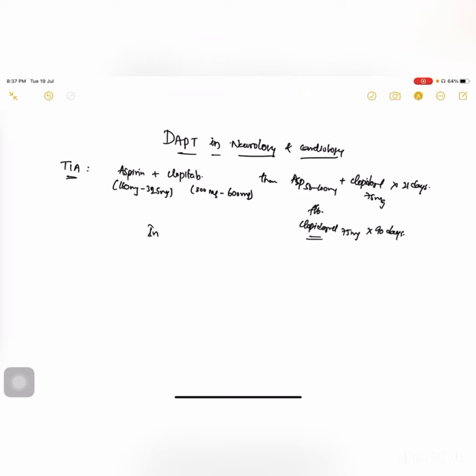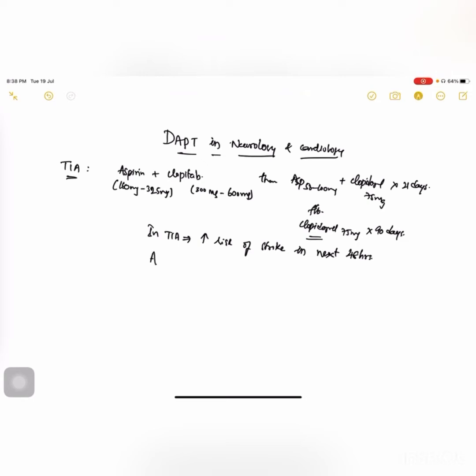Because in TIA there is increased risk of developing stroke in the next 48 hours. So in order to prevent the risk of stroke in TIA patients, we give the dual antiplatelet therapy according to the above protocol.